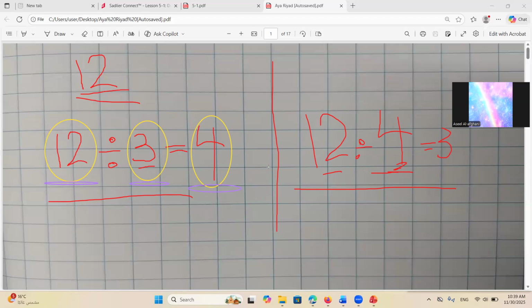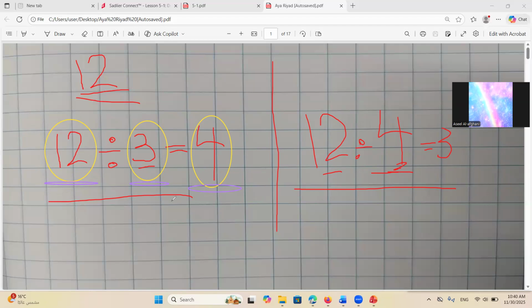Okay, guys, so yes, this is what we call the division sentence and its parts. Teacher, is there another way to represent the division? Yes, of course. There is a way which is called long division. Let's learn it right now, or remember it, I mean.